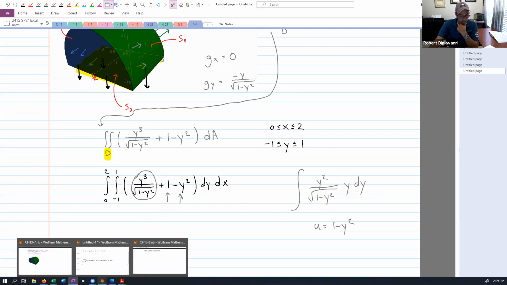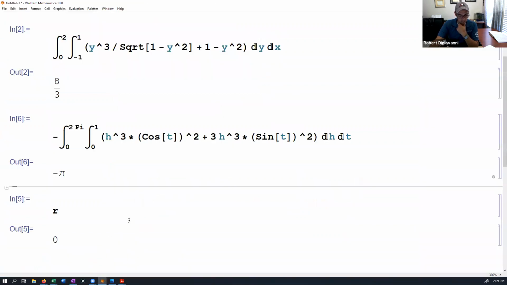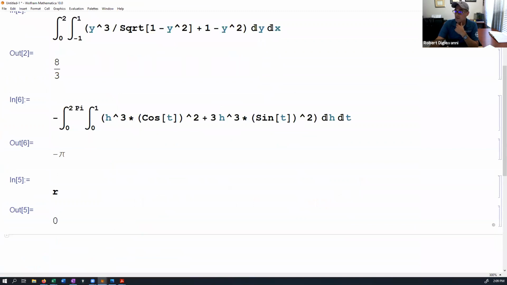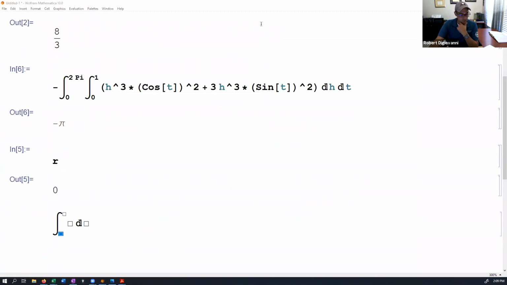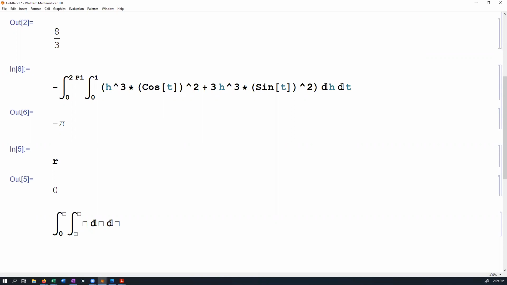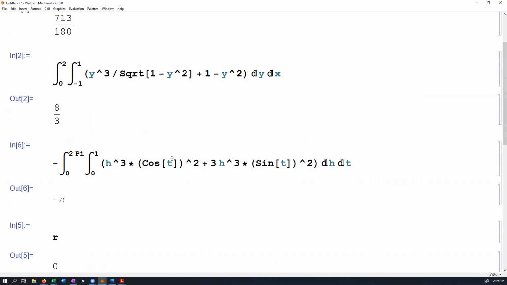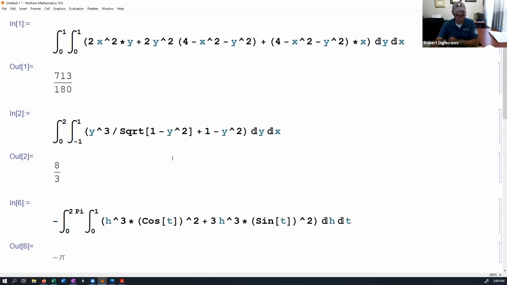I'm going to cheat and use the computer because I'd like to know the answer. So far, what are we at? Are we at 2 pi for the flux so far? We had 2 pi off the front side, 0 off the back, 0 off the bottom, and now we're looking at the flux across this cylinder. Oh, I did do this one earlier. Here it is, save us some time.